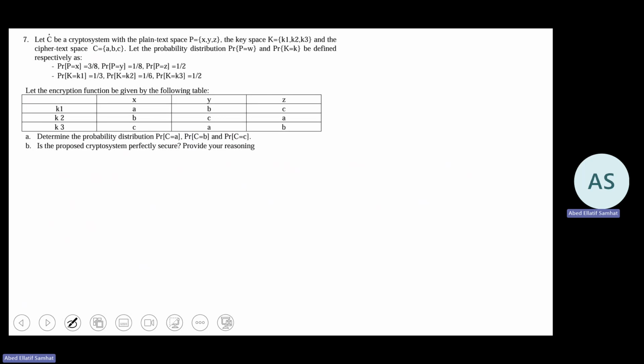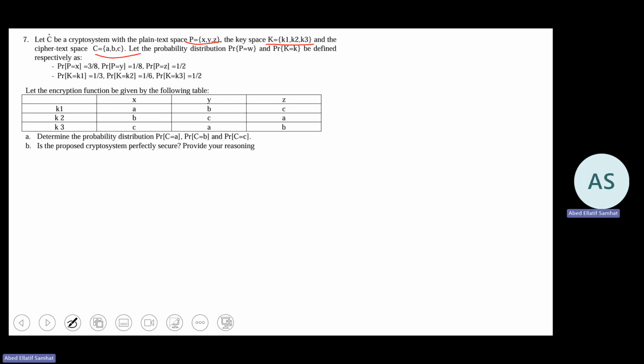And here we have another exercise to see the importance of the distribution of the ciphertext. Here we consider a crypto system with the plain text X, Y, Z and the different keys K1, K2, K3, and the ciphertext space, which is A, B and C. It's a simple example.